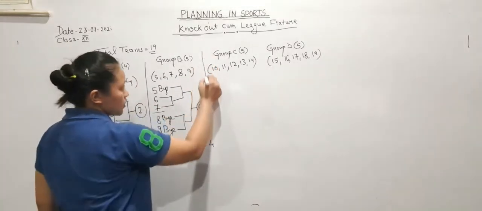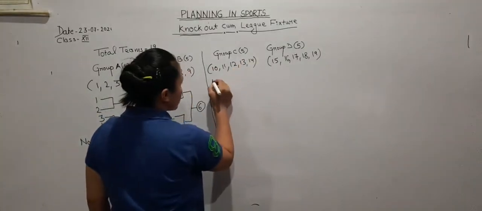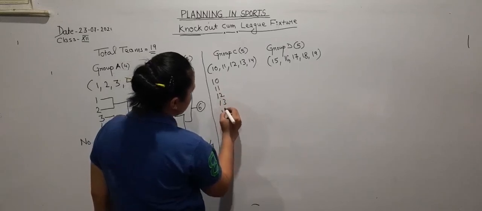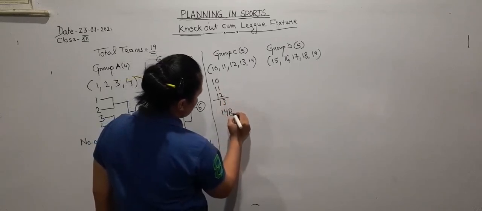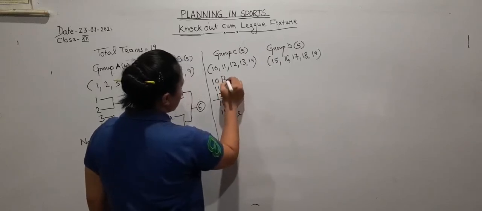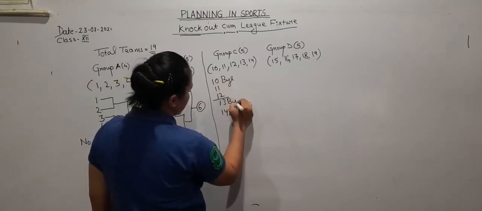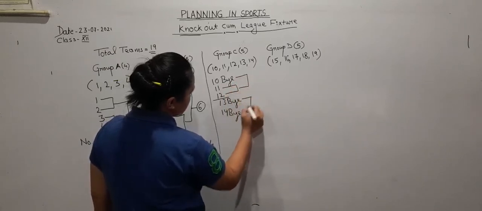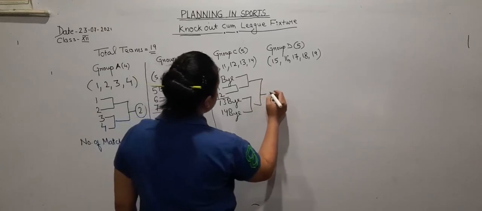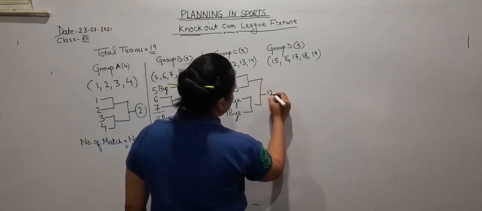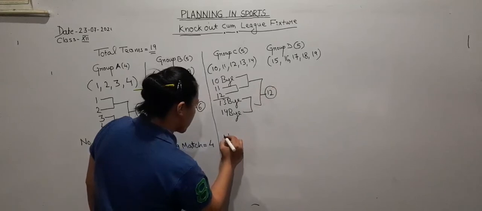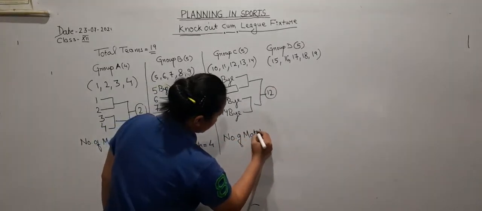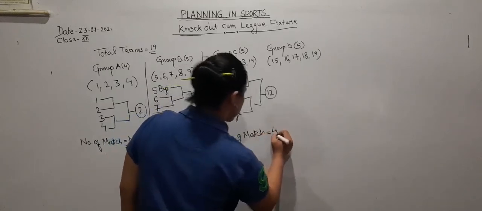Same for group C: 10, 11, 12, 13, 14. First bye, second bye, third bye. Let 12 be the winner. And the number of matches is 4.